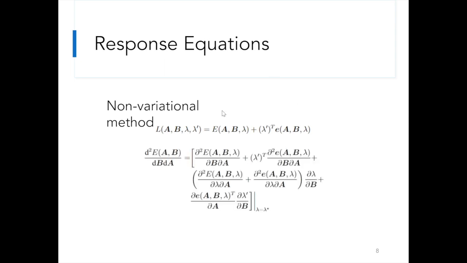So for the second order properties using this sort of formalism, we get again the wave function response, d lambda dB. We also get the Lagrange multipliers response, lambda prime dB. So we have to solve for both of these responses to get our properties, which will give you a new set of equations here.